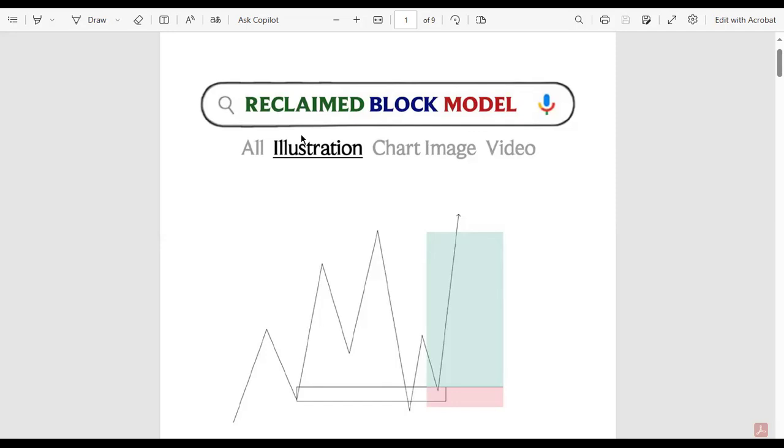Today's video is going to be simple, and I have prepared this video because I want to show you one of the very simple and powerful entry models that you can use.